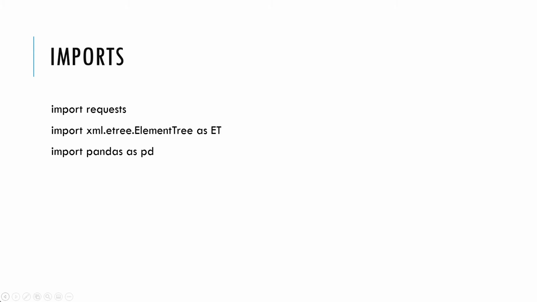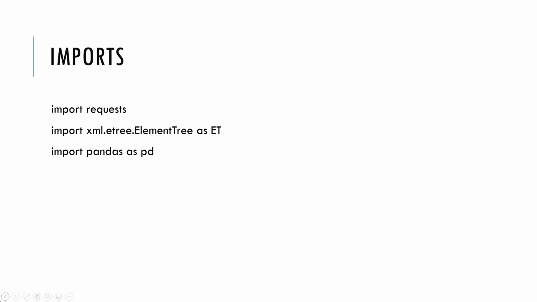So in our coding session, first we will be importing certain modules. We'll be using these three modules. The first line imports requests, the object we'll be using to get data from the web.